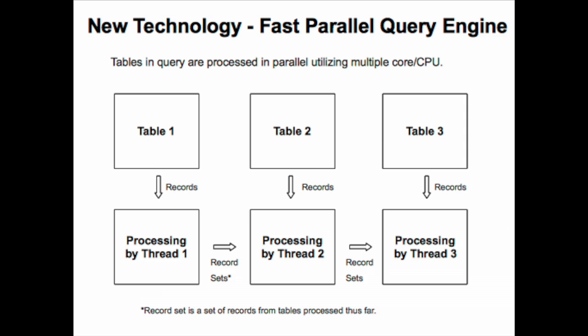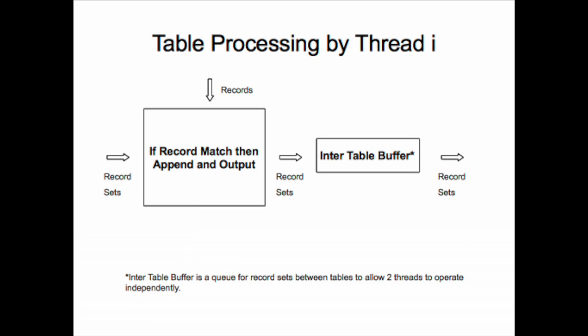Okay, so this is what's happening at each thread. You have a record set that comes from the previous stage. Then, because your table access may depend on this record, you take that record set and do the access.